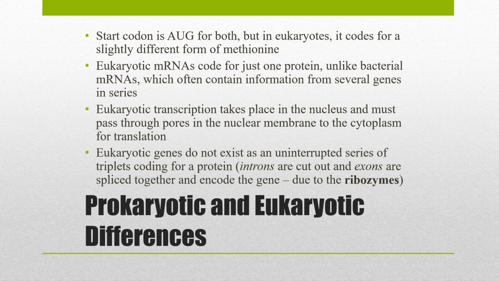But in prokaryotes, they're not going to cut that information out. They're just going to immediately code that, go through with it. So this is another way that eukaryotic cells get slowed down in the process of DNA replication and gene expression.